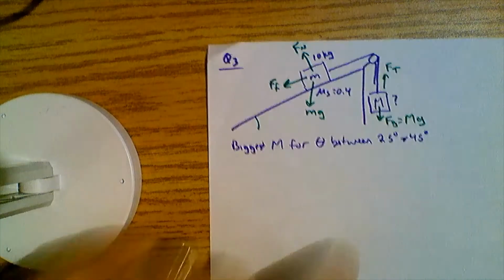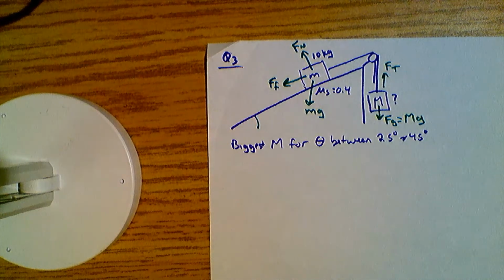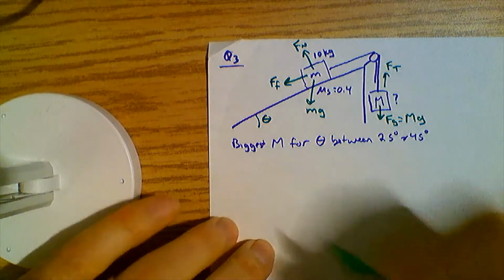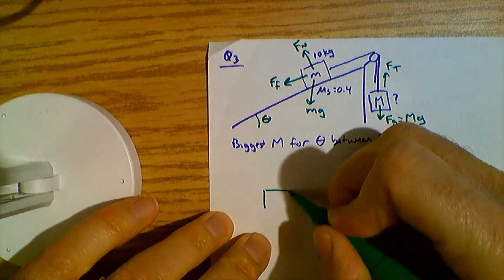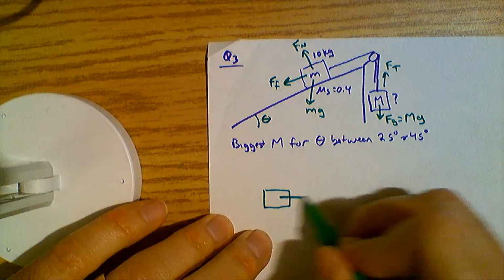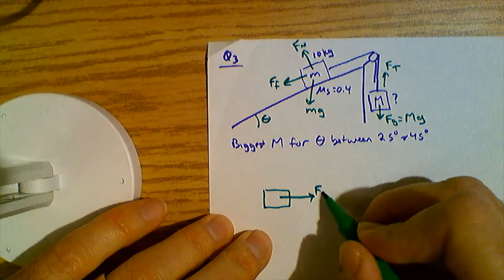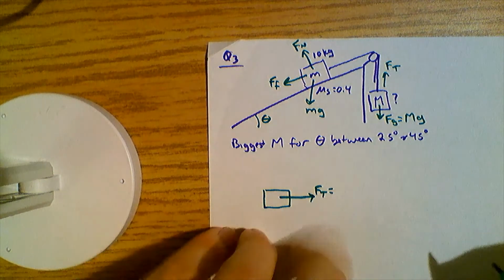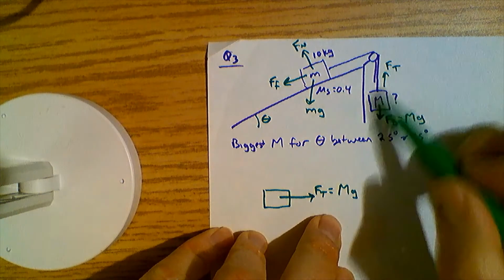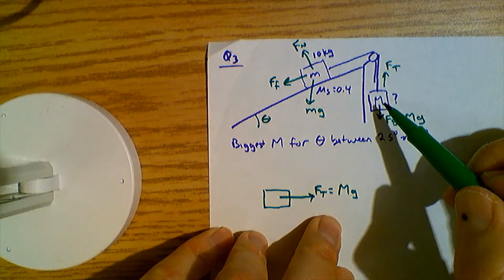So if we put this together, first step, of course, is to draw our free body diagram. Let's identify that angle so we remember what we're talking about here. If we orient things again so that we have a horizontal, we have the tension force, which is going to be equal to Mg, because this mass is going to be staying in equilibrium.